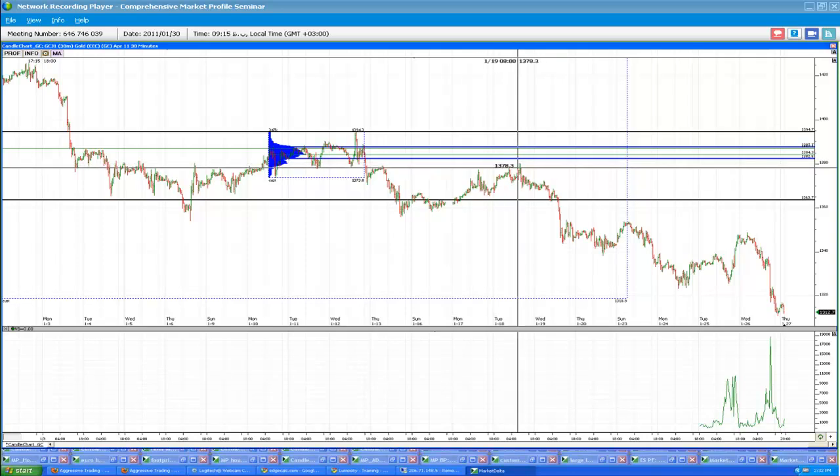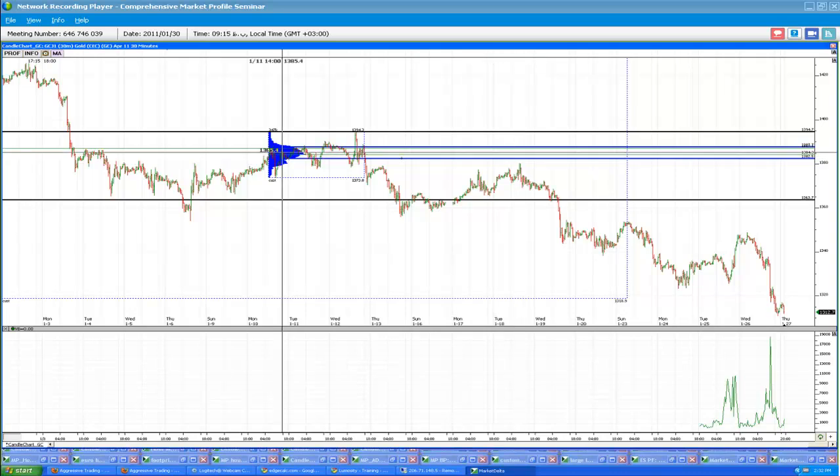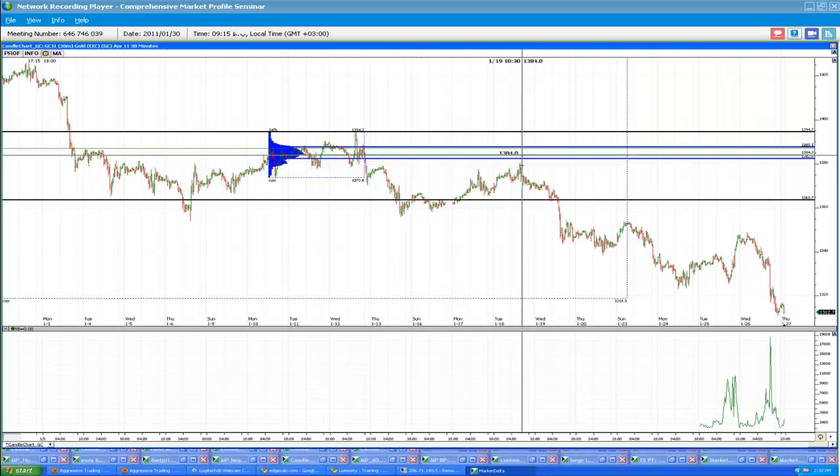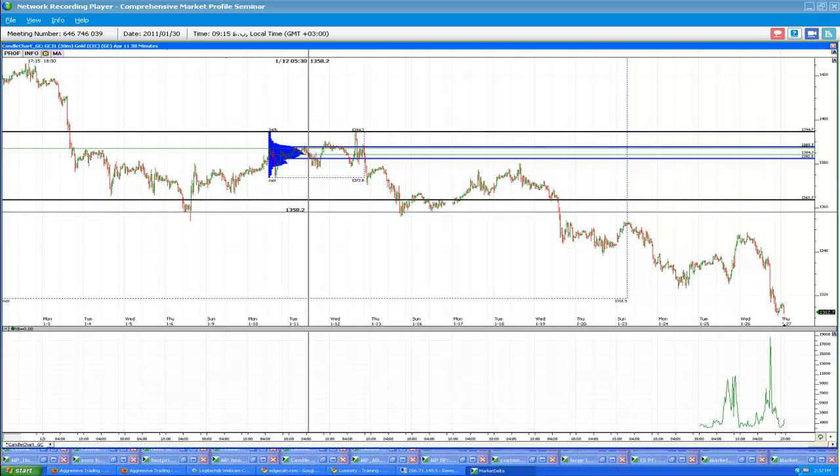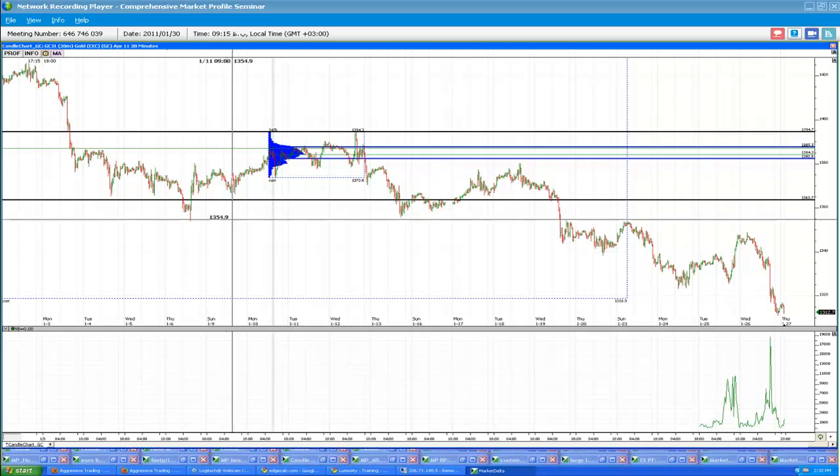It didn't actually get into this last balance that formed, so you can't really call it a failed breakout type 1. But there's a reason to be aggressive here, and the reason is because we've fallen below the HVN of a daily balance that could be in the process of breaking to the downside. Does everybody understand that?